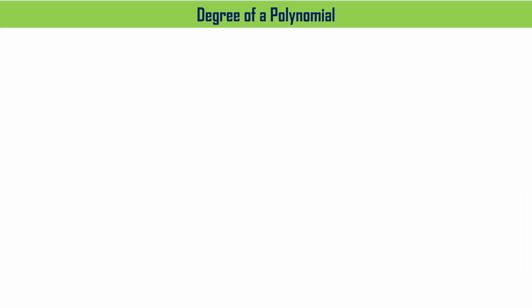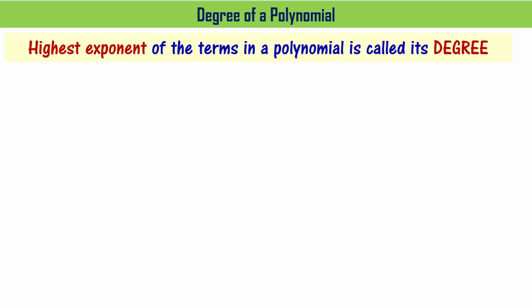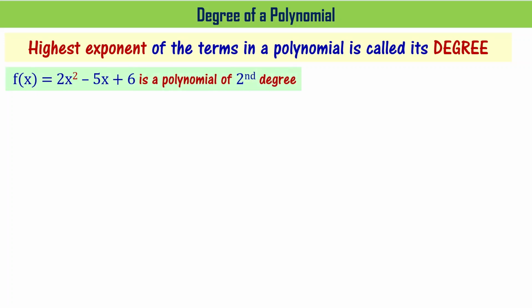Let us learn about degree of a polynomial now. The highest exponent of the terms in a polynomial is called its degree. For example, f of x equal to 2x square minus 5x plus 6 is a polynomial of second degree. The reason is that the term 2x square has got highest exponent, that is 2, right?